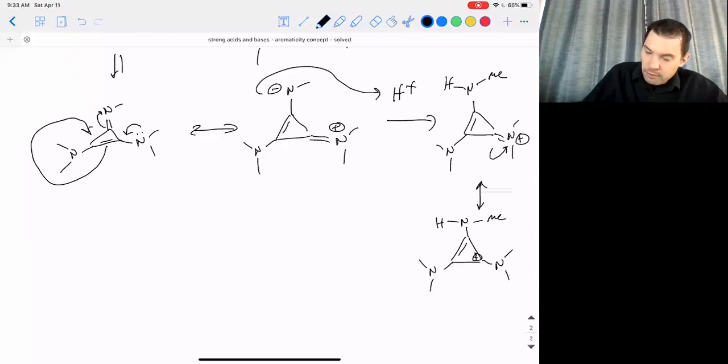And now if you count very carefully, we have a three-membered ring. So triangles by definition have to be a plane. It has 2 electrons in that ring, and it's fully conjugated. And so this is actually going to be an aromatic cation.